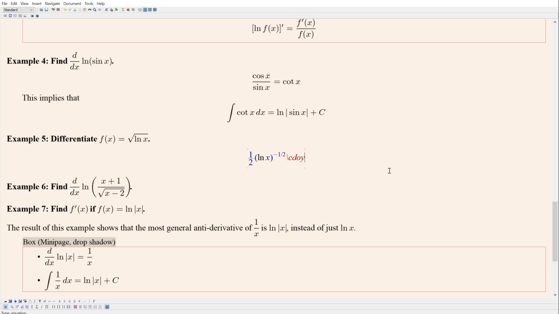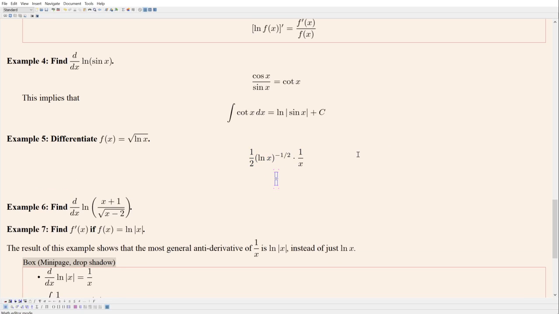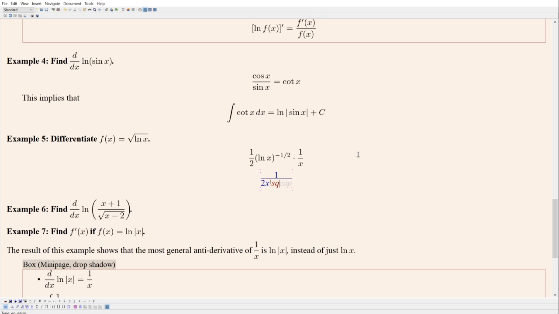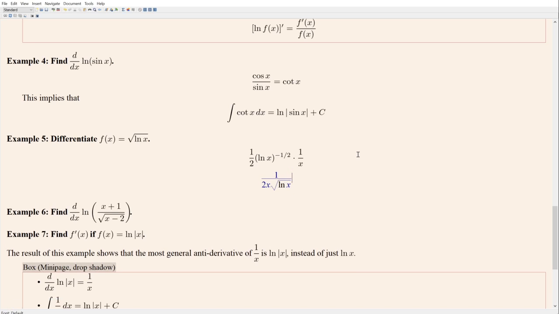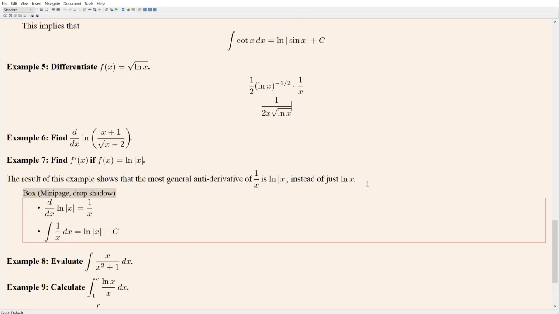And then by the chain rule, we have to multiply by the derivative of log x, which is just 1/x. I guess we can clean that up if we want. Let me write that as 1 over 2x root log x. Yeah, that's a bit nicer looking, because this power negative 1/2 is the same as 1 over square root. So that's that.